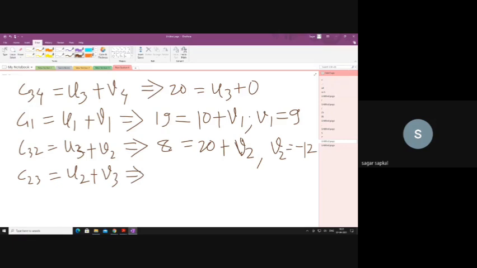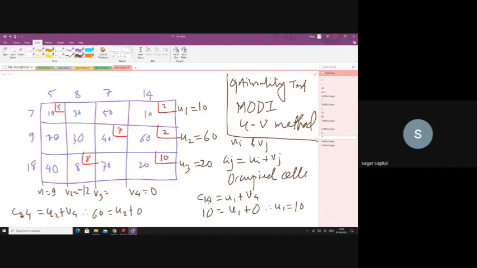What is C23? 40. 40 is equal to U2, which is known. How much is it? 60. V3 is unknown. So V3 will be equal to 40 minus 60, which is minus 20.